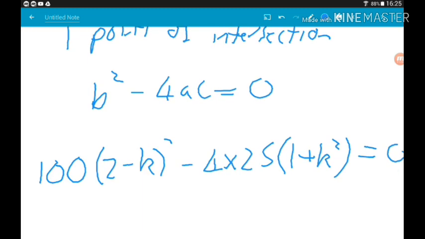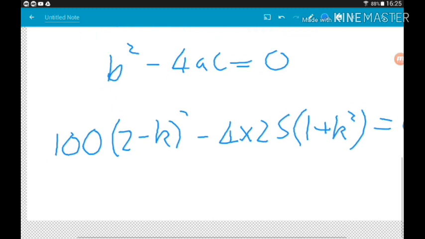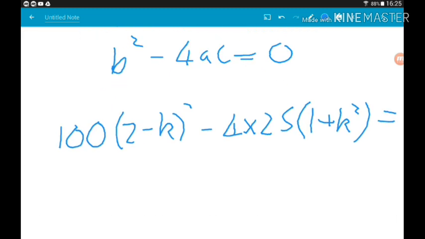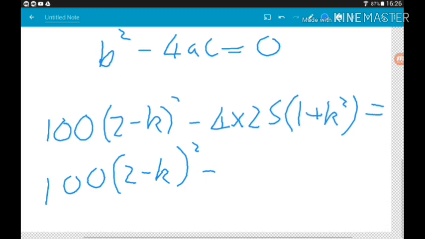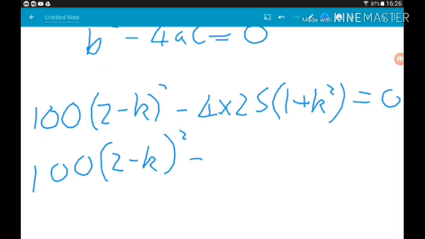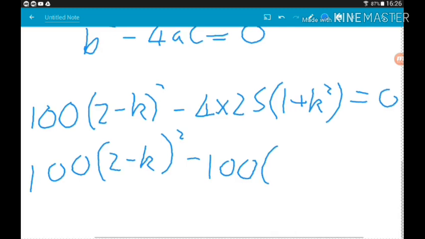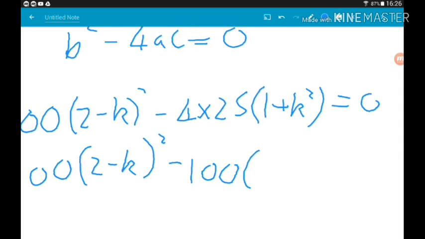So can we simplify this at all? Hopefully. So we've got 100 times (2 minus k) squared minus, or 4 times 25 is 100, lots of (1 plus k squared).